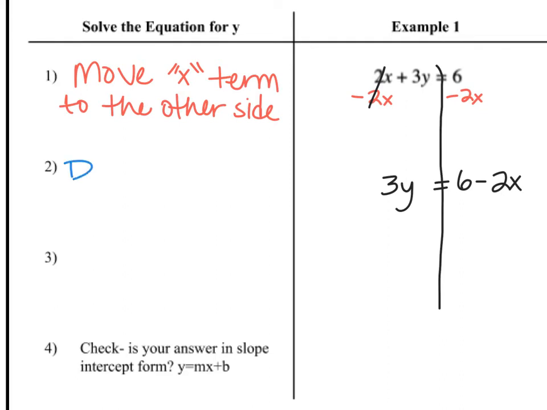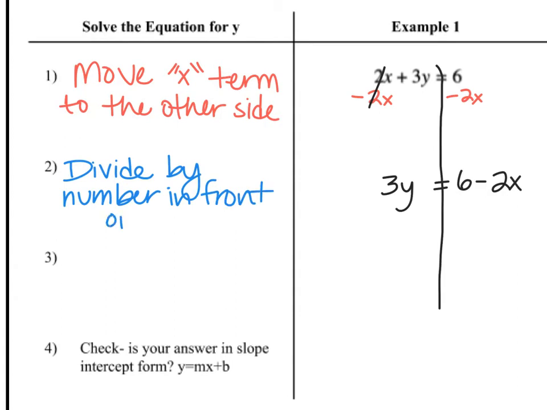You're going to have to divide by the number in front of y, because right now that 3 is being multiplied. This is just how you solve equations the last several days. Let's divide by 3, and you're dividing everything by 3 over here.